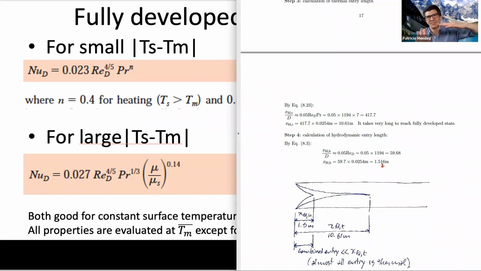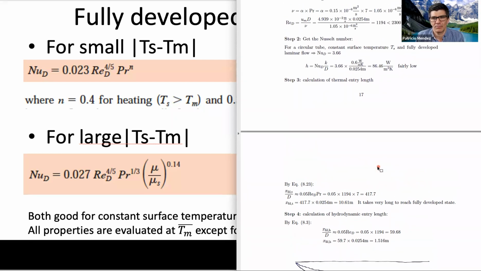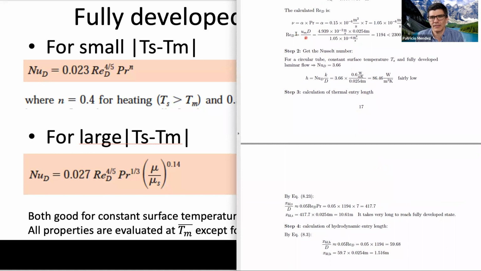Thermally, the heat actually takes even longer to have the two boundary layers collide. It takes 10 meters. So if this pipe is less than 10 meters long, the heat transfer coefficient is going to be higher than what this correlation indicates, 3.66, because 3.66 is for fully developed flow.